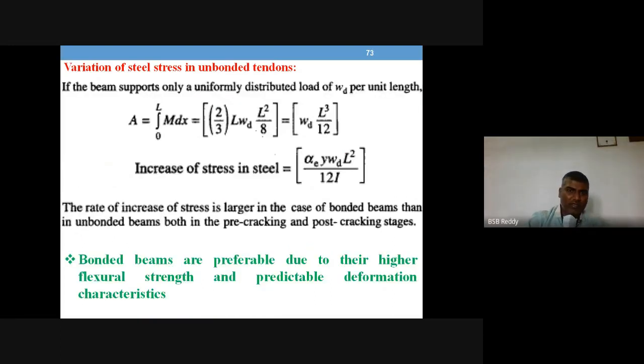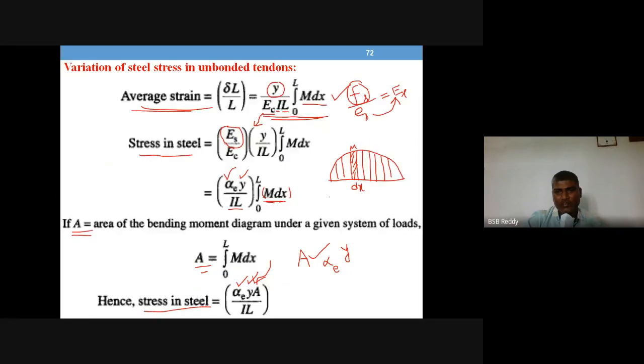Now a standard, very common case is UDL. If a UDL is there on the member, then the area of BMD is 2/3 of base into height. Base means length L. Height is WL square by 8, right?